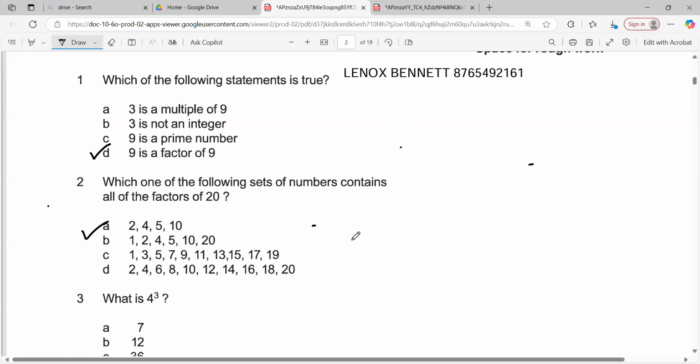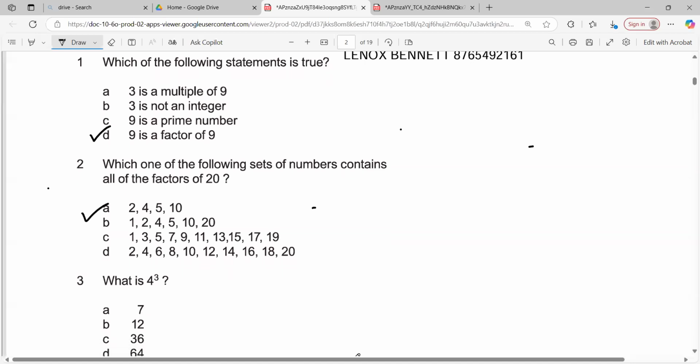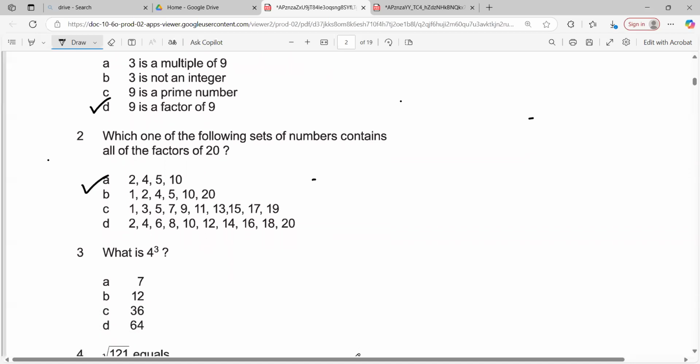All right, let's move on to three. It says, what is 4 raised to the third power? I saw this as part of the syllabus coming up. They said you will be tested on some form of exponents this year.